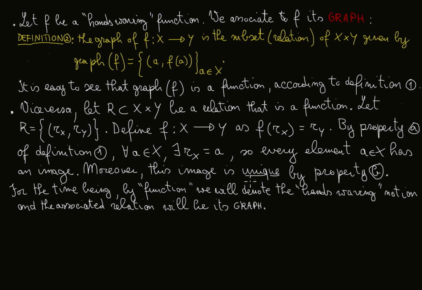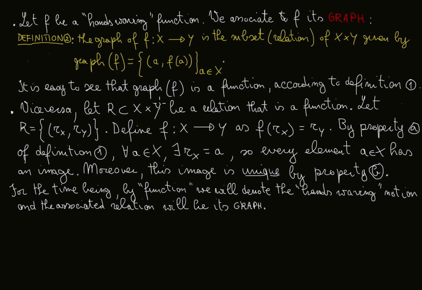Moreover, this image is unique by property B of the relations in order to be functions. So for the time being, by function, we will denote the hands-waving notion, and the associated relation will be its graph.